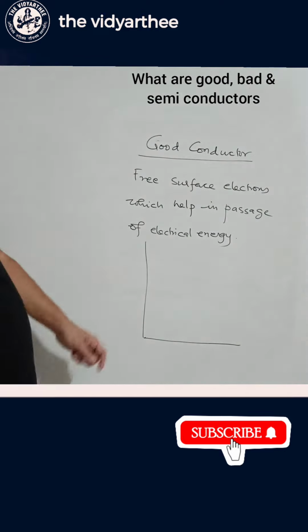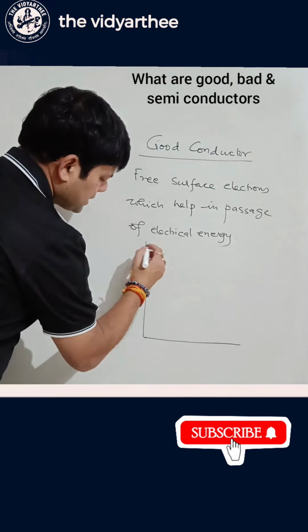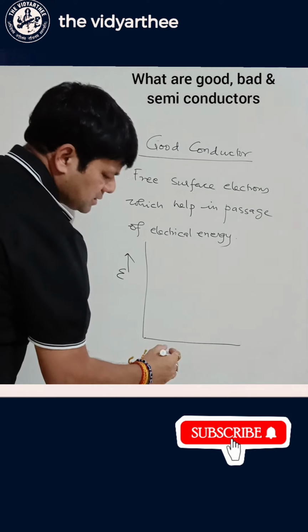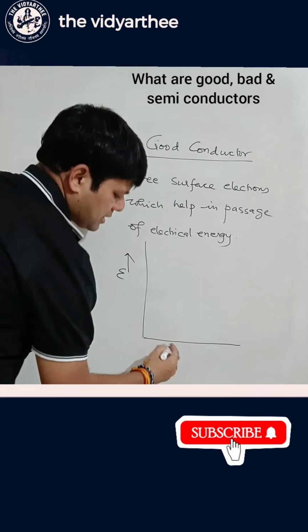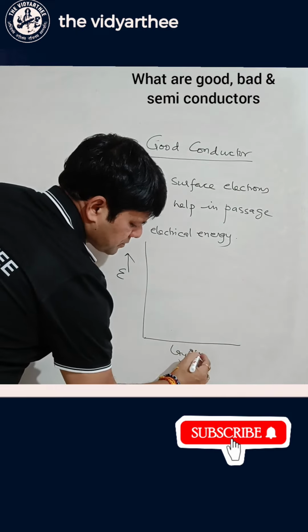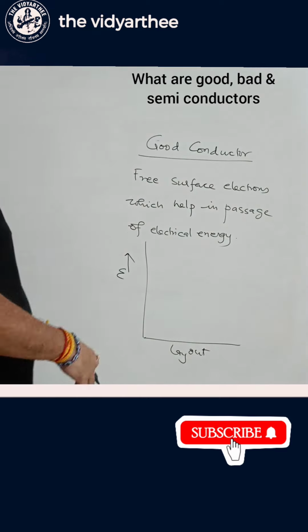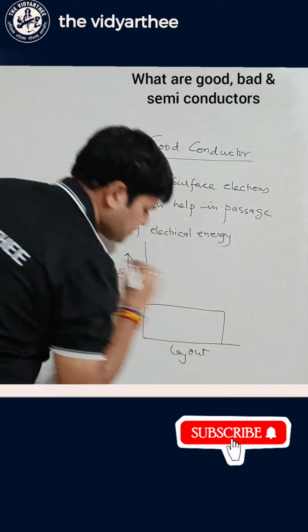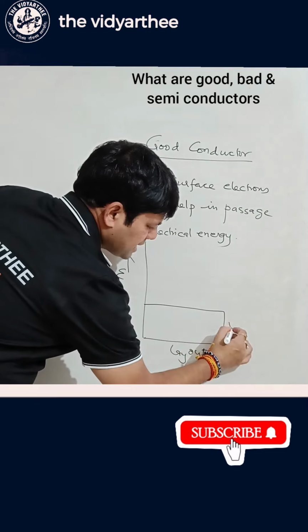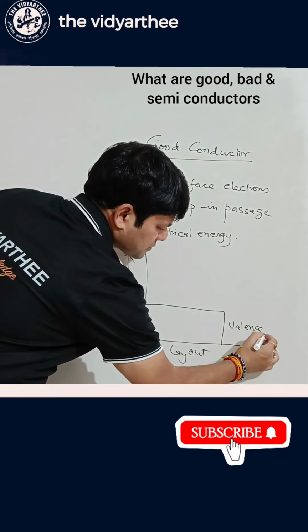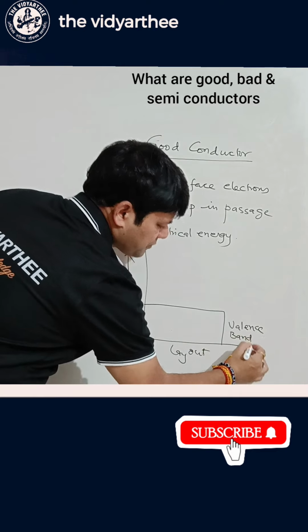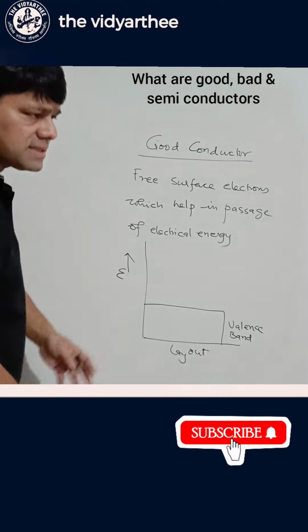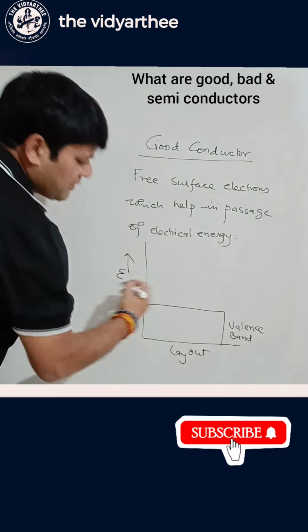If you want to show this on a graph, you will have the energy on the y-axis and you can put the layout. This is basically layout of the valence electrons. Now the valence electrons are somewhere here, right? This is called the valence band. Valence band is a band, a collection of all the electrons lying in the valence shell.